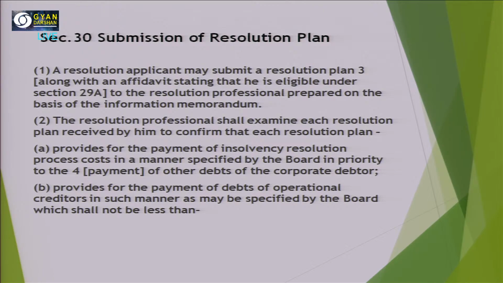So, the affidavit is one requirement, and the information memorandum is another important document which gives all the details about the corporate debtor. The resolution applicant can take help of the information memorandum to get the required information about the earlier issues with the corporate debtor, its entire assets, or the financial strength.